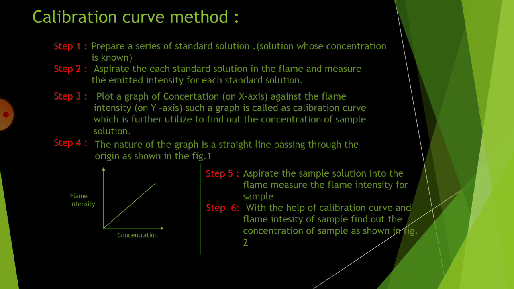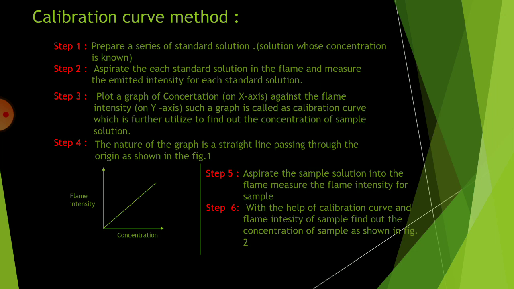Such a graph is called a calibration curve, which is further utilized to find out the concentration of the sample solution. Fourth step, the nature of the graph is a straight line passing through the origin, as shown in the figure.